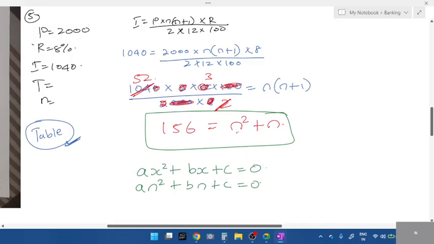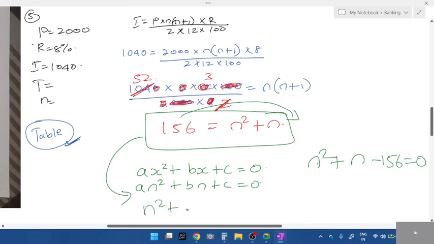Now we need to arrange this equation like this. So first n square, we have n square plus n as it is. This 156 is shifted to the right hand side. It becomes minus 156 is equal to 0. Look at the way I've arranged.